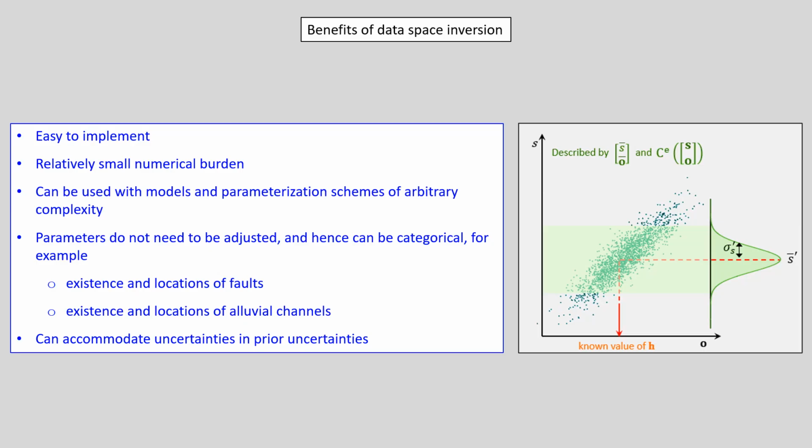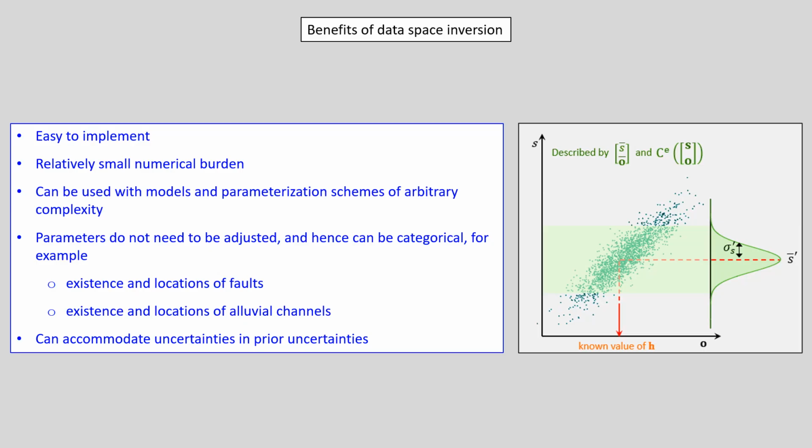You have to run the complex model a few hundred times. The rest is easy, whether you're using DSI 1 or preferably DSI 2. Once we've done those few hundred runs of the complex model, the numerical burden is extremely light. That is, the numerical burden of extracting information from data, quantifying and reducing the uncertainty of predictions of interest.